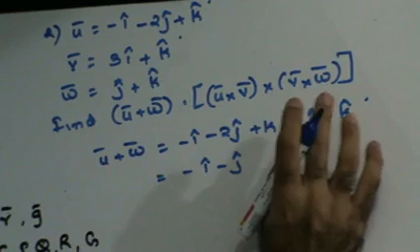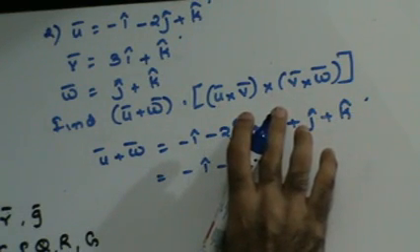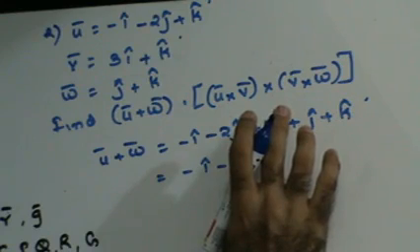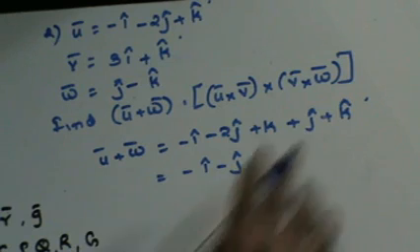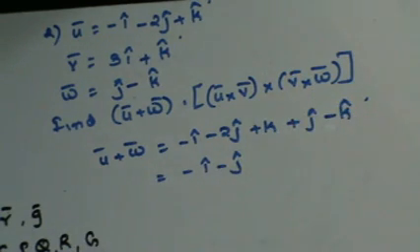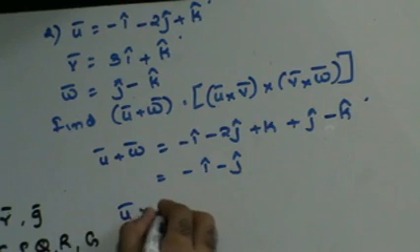Wait, we have w vector is j vector minus k vector, just make that correction. So this will become minus i vector minus j vector.